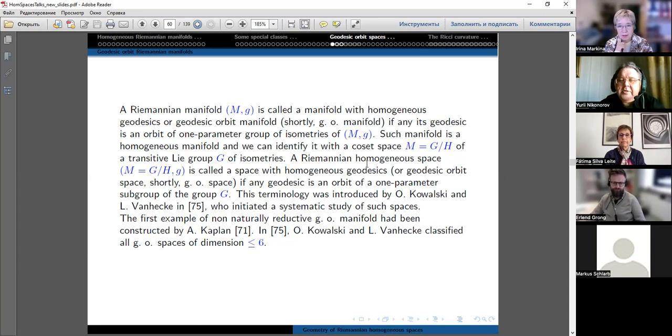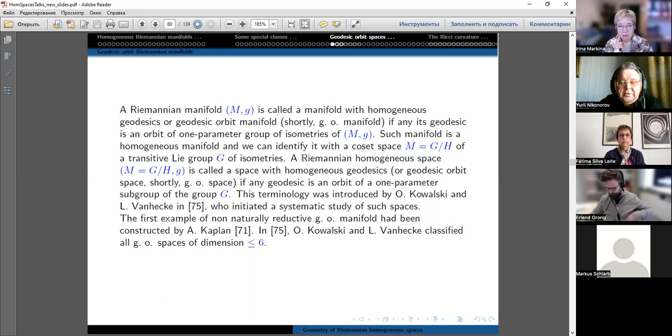When we discuss geodesic orbit Riemannian manifolds, we always suppose that the group G is the maximal, full isometry group. Okay, good.